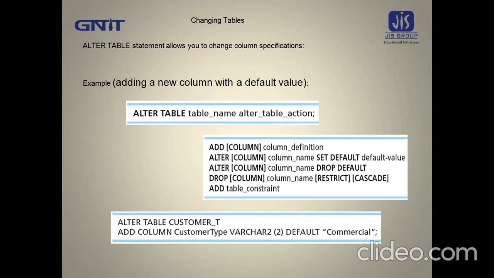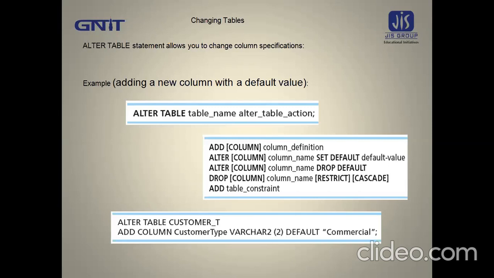Like if we want to add a new column with a default value, then we will write ADD column definition. If we want to change the name, then ALTER COLUMN name, and we will set the default value. ALTER COLUMN name, drop the default, DROP COLUMN, that is totally dropping the column, and add some table constraints.